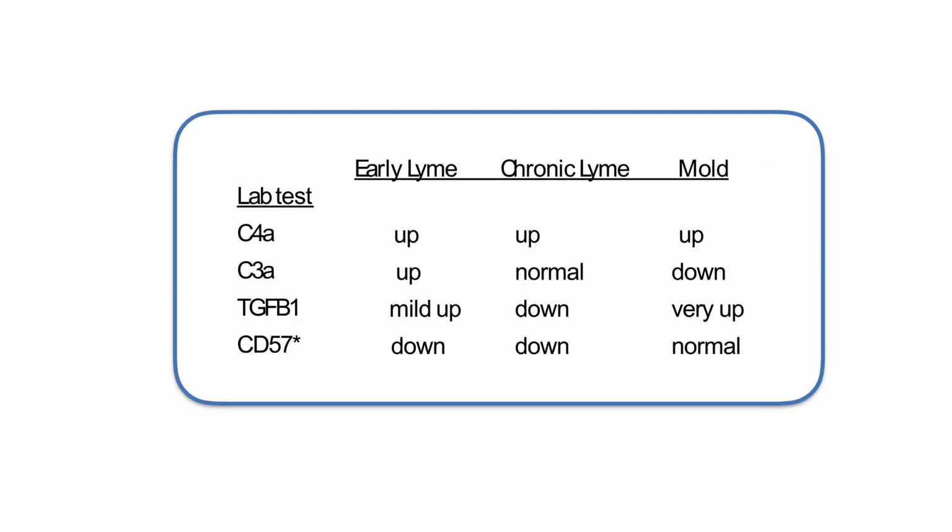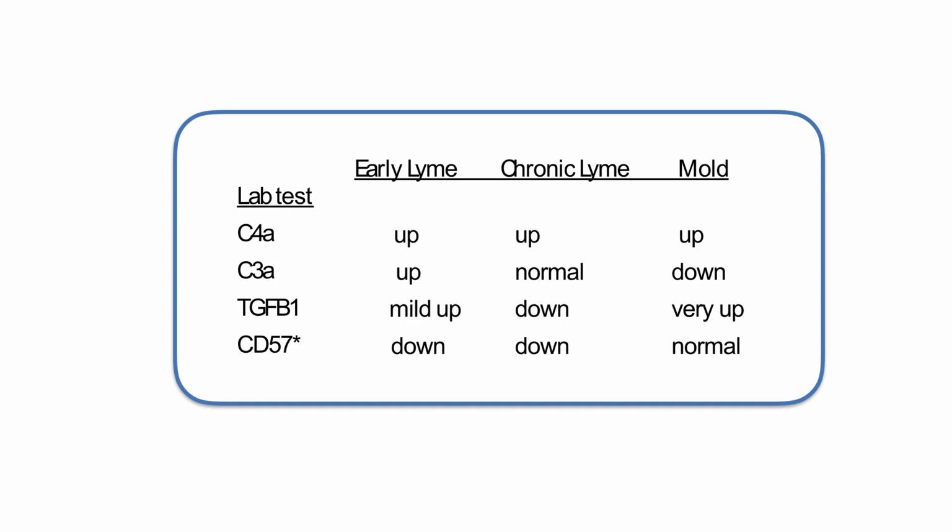So what we see when we bring all of that information together is that with early Lyme disease, C4A and C3A are high and CD57 is low. When it comes to chronic Lyme, C3A goes back down to normal, TGF-beta1 is down and CD57 is down, while C4A remains high.